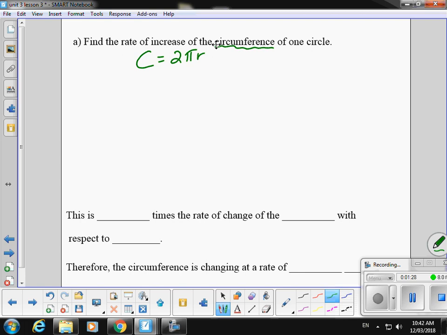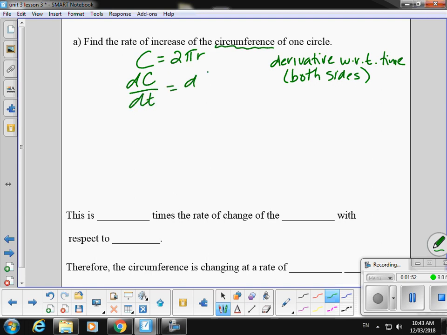So I'm going to take the derivative of both sides with respect to time. So my next line would be dC/dt equals d(2 pi r)/dt.